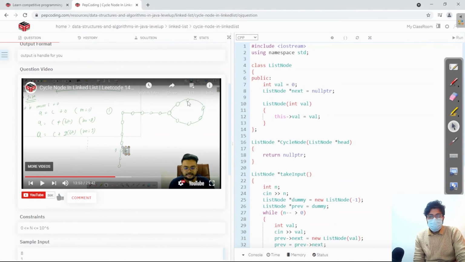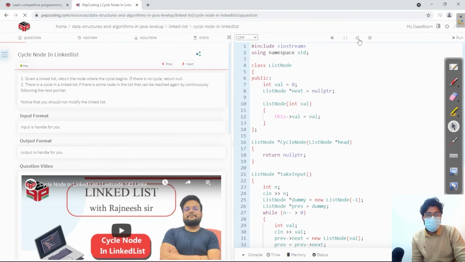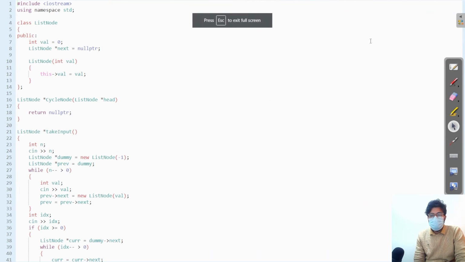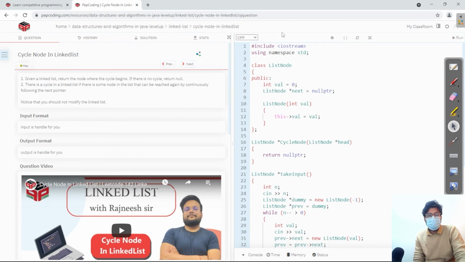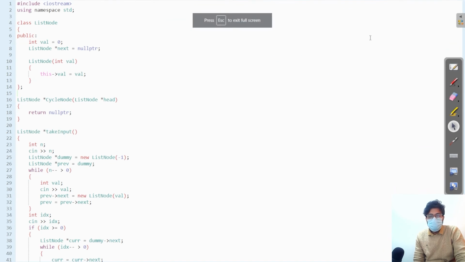Okay, let's reload it. Let me make it full screen. Let me increase the font size also. So this is our function.